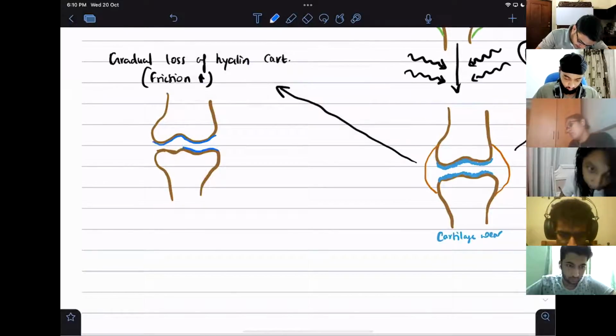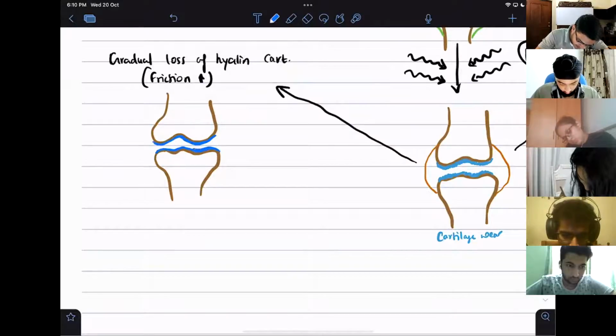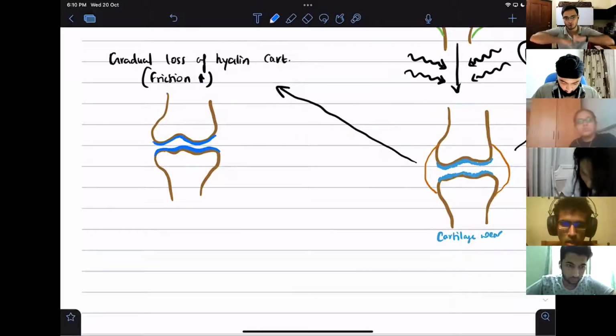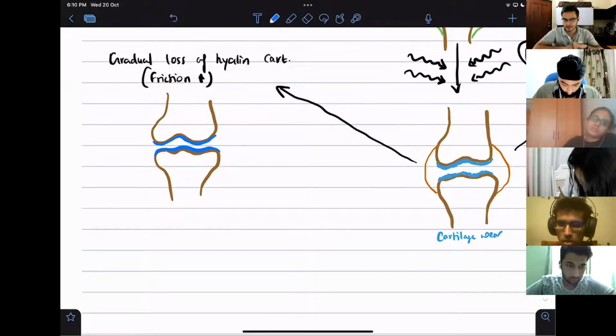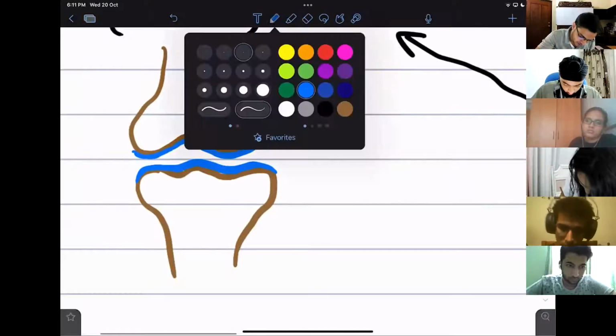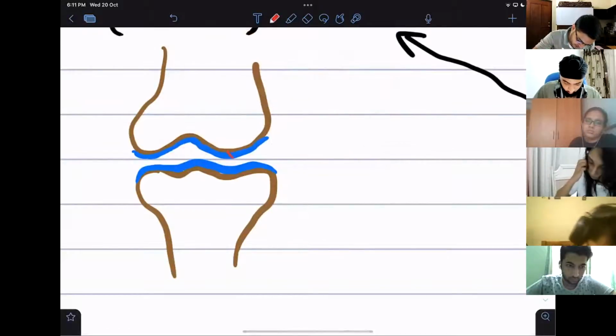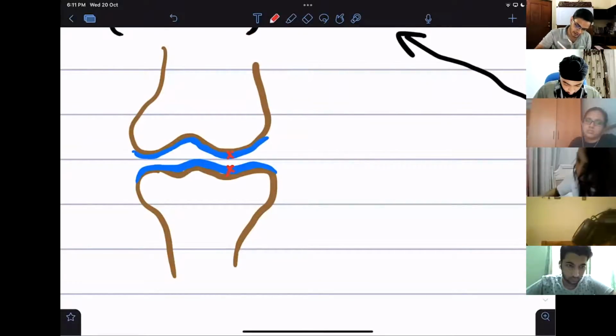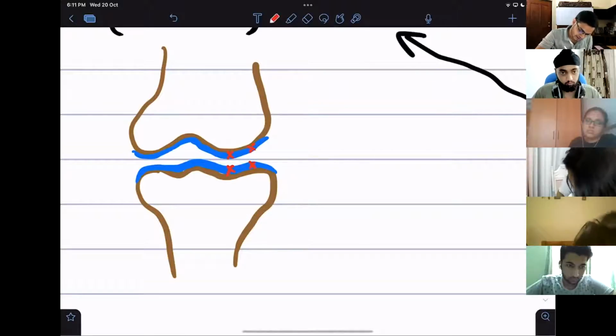You all know cartilage can rub against each other during joint movements. The thinner the cartilage is when they are rubbing, those places can undergo severe stress, guys. Let's say here and here they rub together, maybe somewhere here and here.